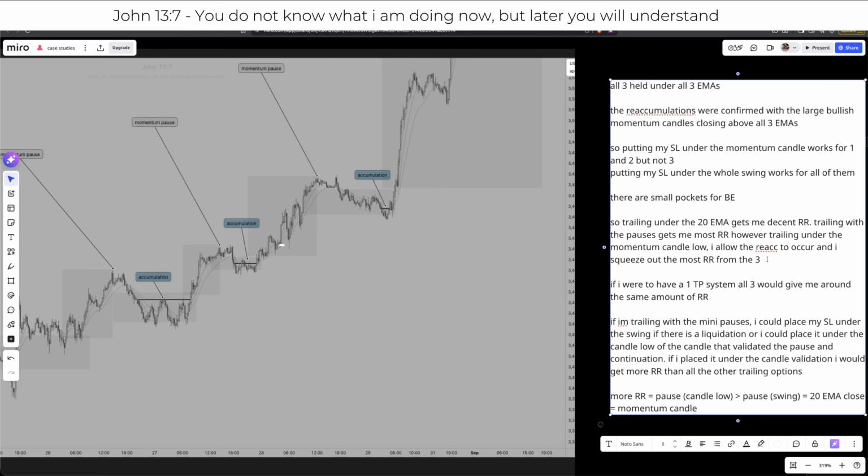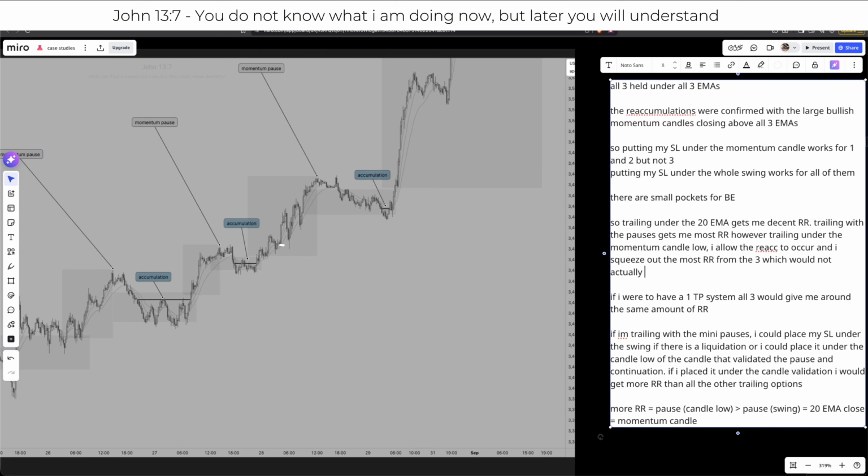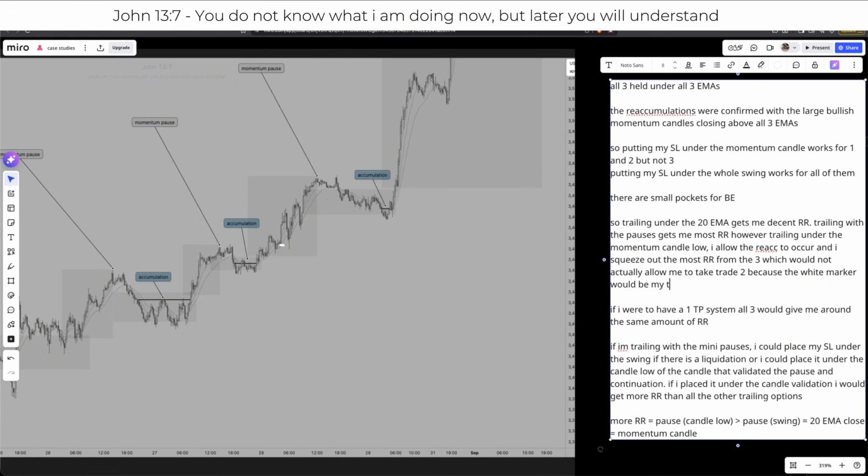And I probably wouldn't be in, which would not allow me to take trade 2 because the white marker would be my trailing under the momentum candle.